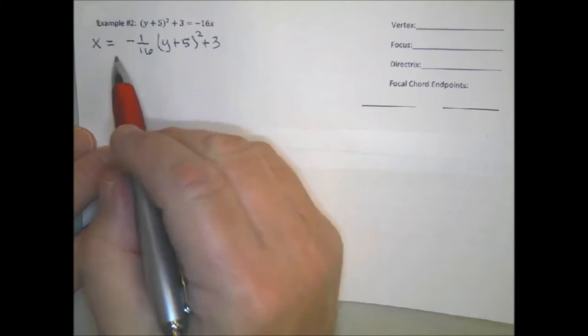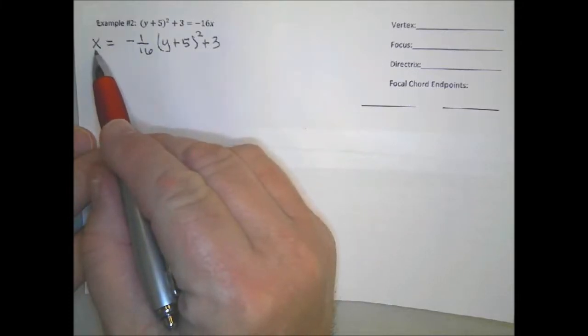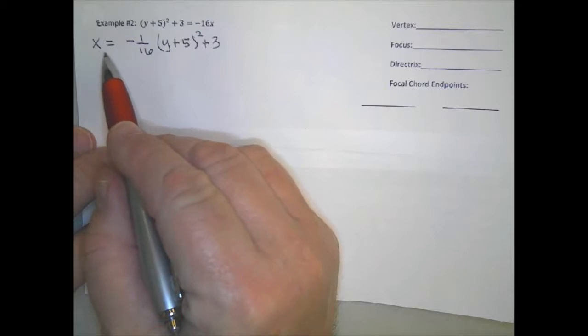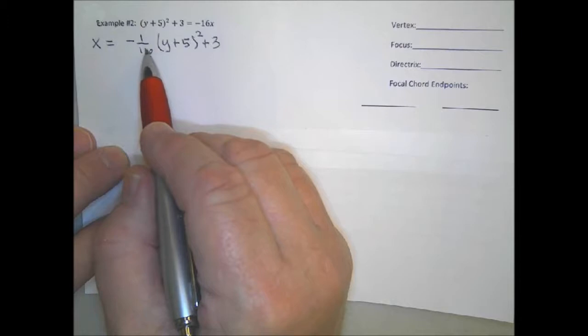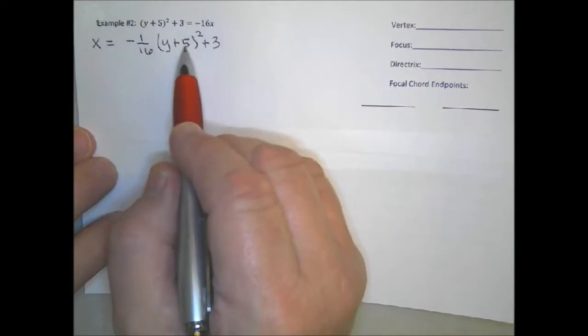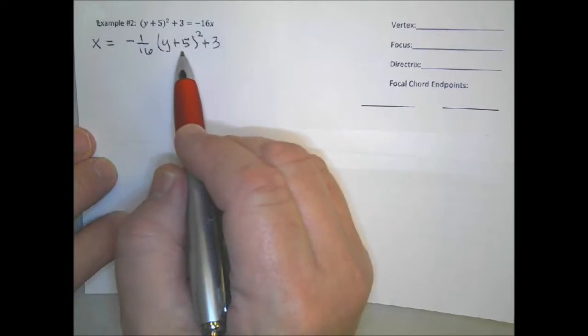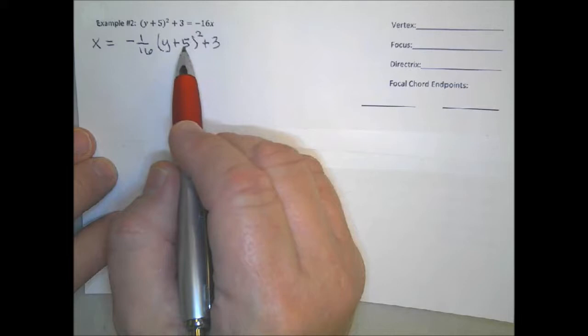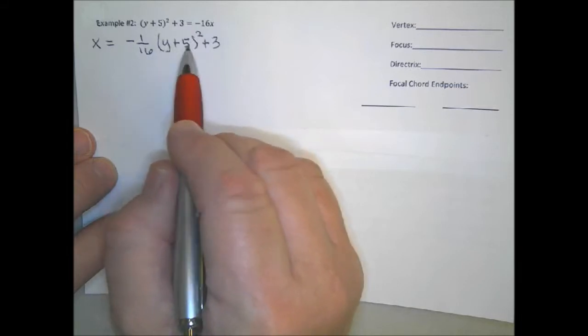Now, I could put the x equals right here, but I like it better right there. Now, I know a lot about this. X equals, when I'm solving for x, the parabola either opens to the left or to the right. Since this is negative, it's going to open to the left. I also know my vertex is already 3, -5. Now, don't get this backwards, because see how this is y plus 5 in parentheses?